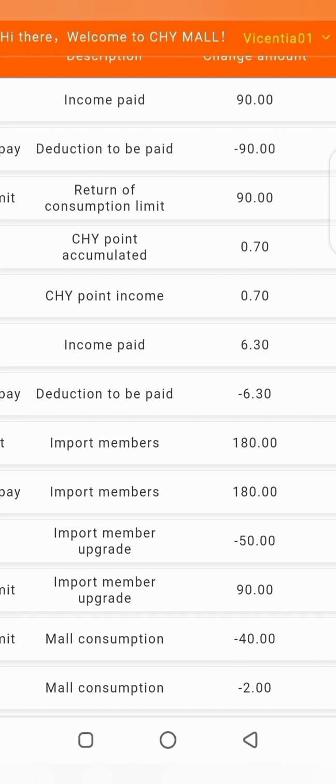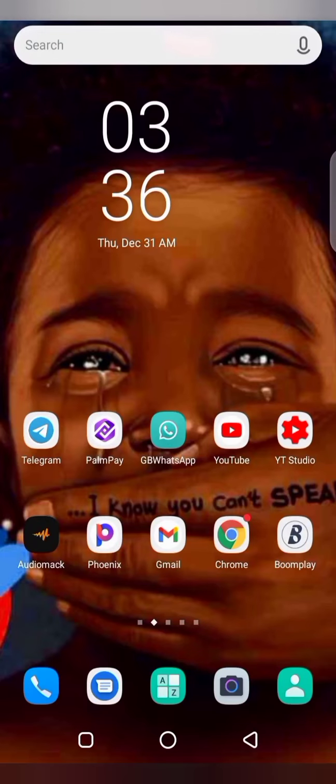So let's say you were on a VIP2 account and you're on a VIP3 account, and then you are being upgraded to a VIP4 account. Let me work this out here.